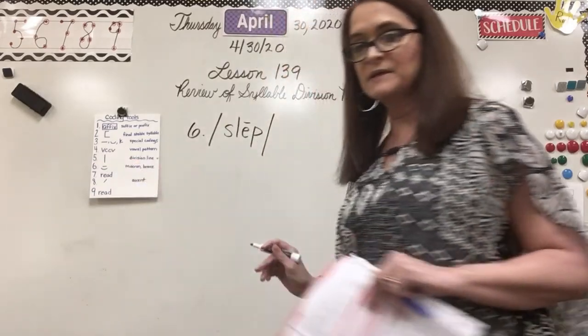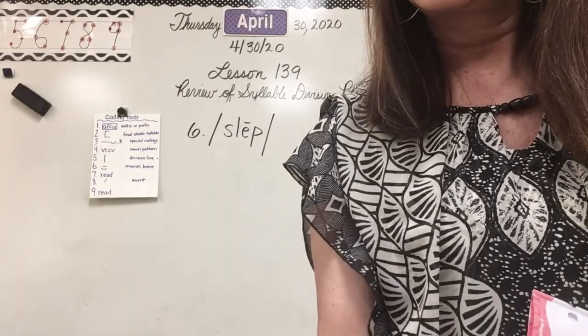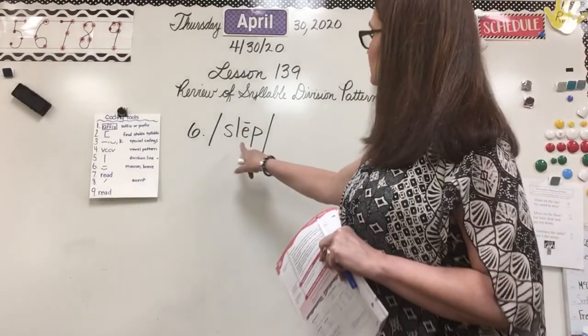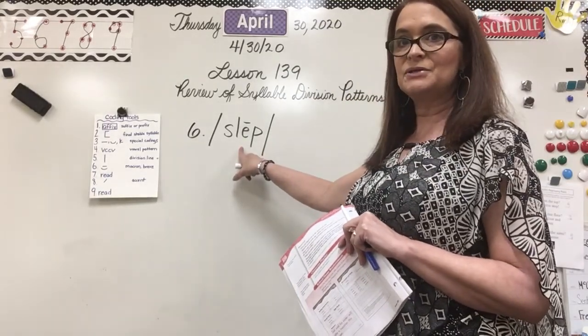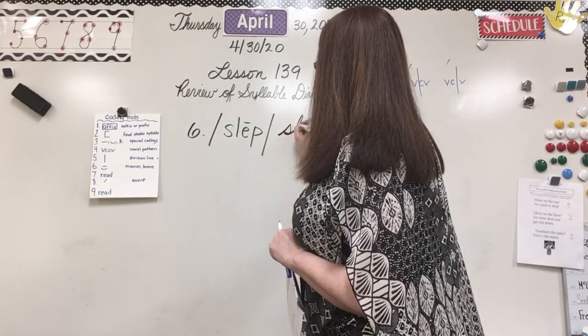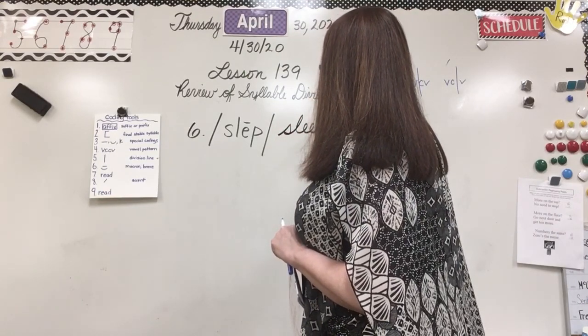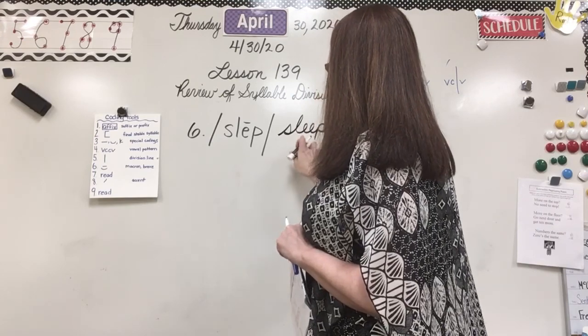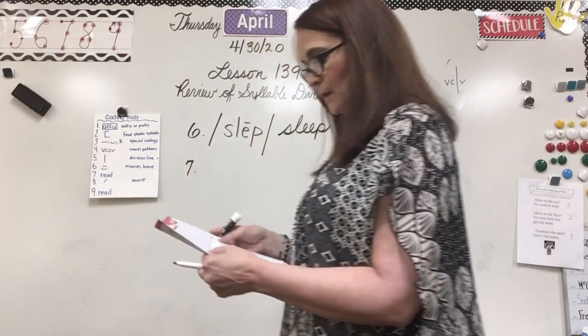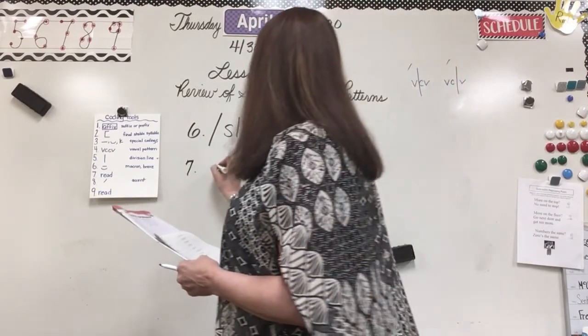How would you spell this word? How would you say it? And I'm choosing again. I'm going to go to Chloe. Sleep. Good job. How would you spell that? S-L-E-E-P. You're right. You have a vowel digraph that says E. Number 7.